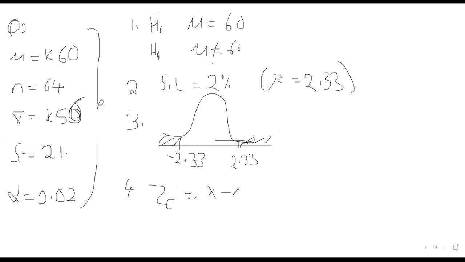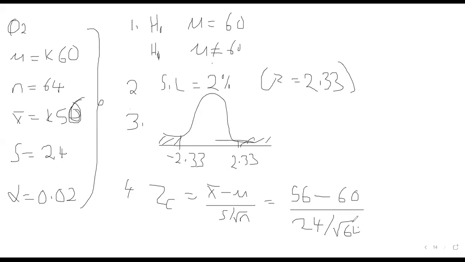X bar minus mu over standard deviation over square root of n. So what do we get here? Our x bar is 56. And our mu is 60. And our standard deviation is 24 over square root of 64. Let me calculate what our Z is.